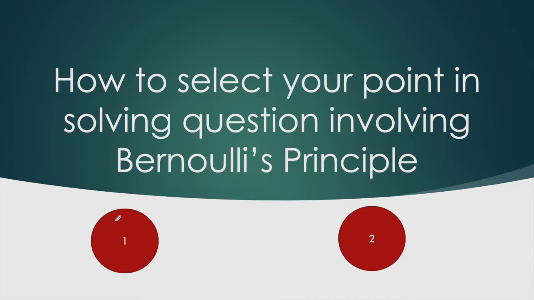For example, we want to find the velocity and the pressure at point 2 or pressure at point 1. Normally the question will not tell you where to apply Bernoulli's principle. Therefore, it is your job to select your points.